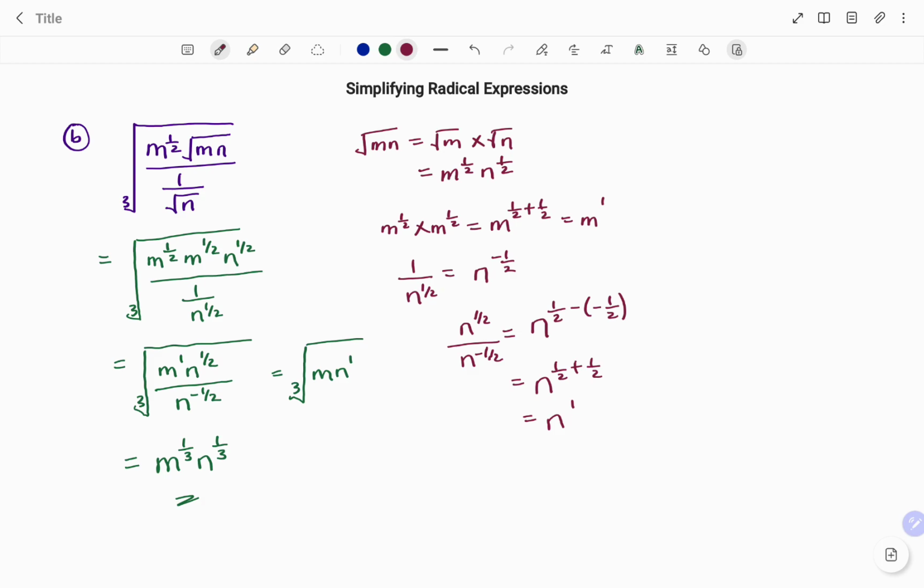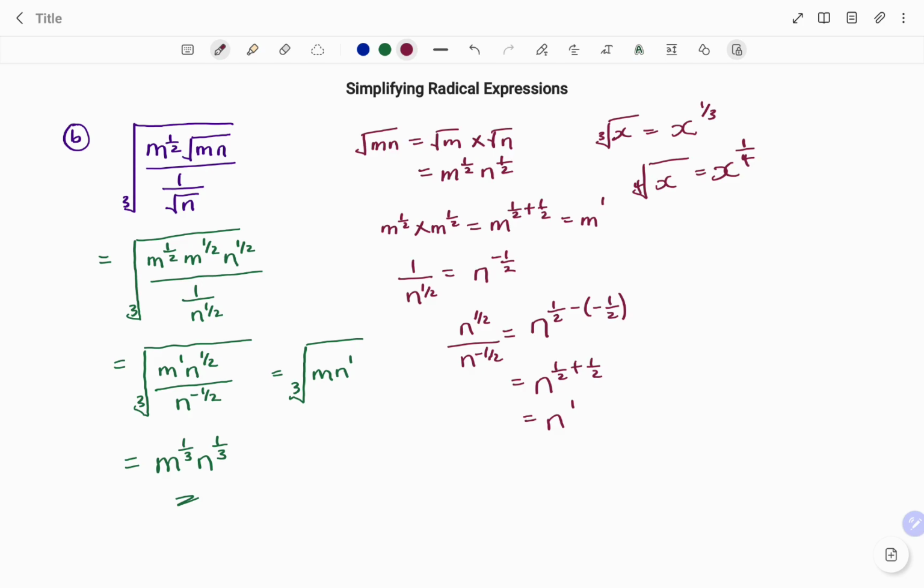I got that from, if I'm changing my cube root of any variable or number and I rewrite that as a rational exponent, it will be x to the power of 1 over 3. For the fourth root of x, if I rewrite that, that will be x to the power of 1 over 4.